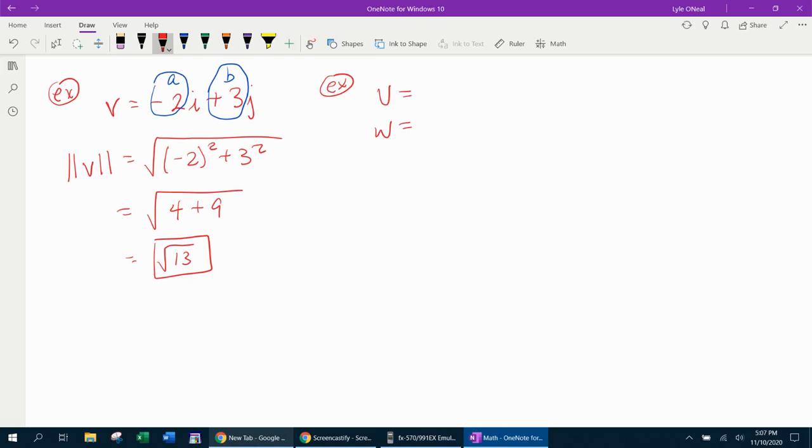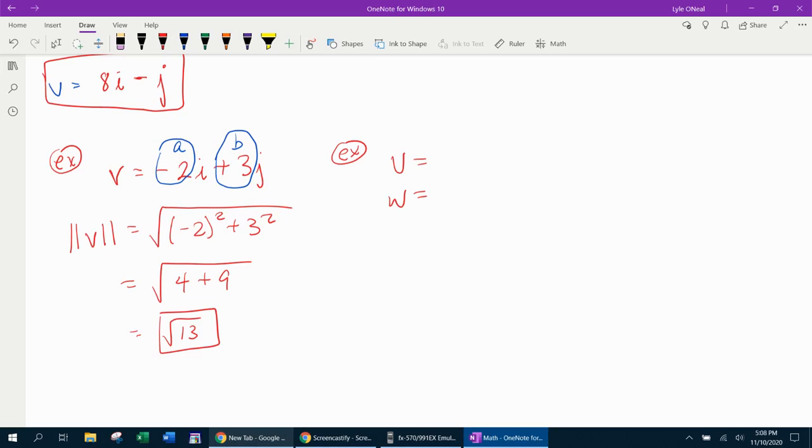Next example. Here we're going to be given a couple of vectors. Vector v is 3i minus 5j. Vector w is negative 2i plus 3j. And they ask us to find 2v plus 3w.